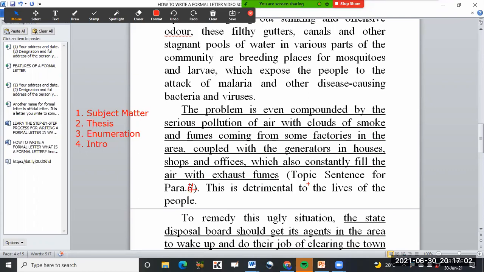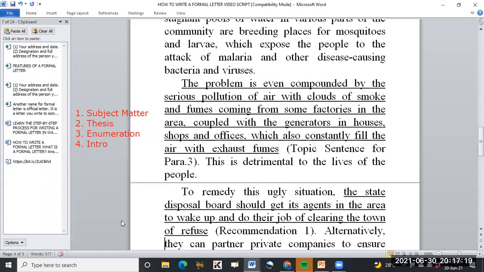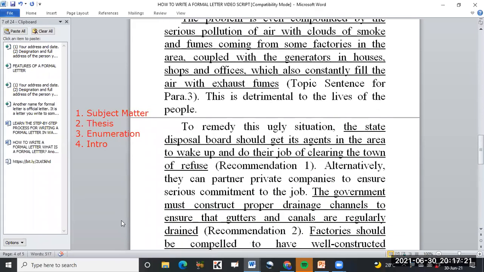And then to actually drive home the message, how does this constitute a health problem? You simply say this is detrimental to the lives of the people. All right, now you have discussed the causes, the factors responsible. Now you want to devote a paragraph to discussing the remedies.